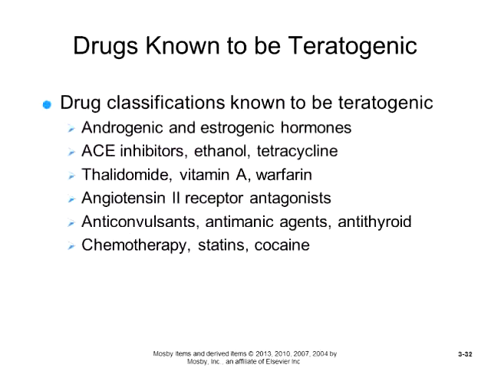So I've already kind of gone over this. Drugs that are known to be teratogenic, that actually do cause harm, are androgenic and estrogenic hormones, ACE inhibitors, this would be like atenolol, vitamin A, warfarin, angiotensin II receptor antagonists, anticonvulsants, anti-manic agents, antithyroids, chemotherapy, statins, and cocaine.